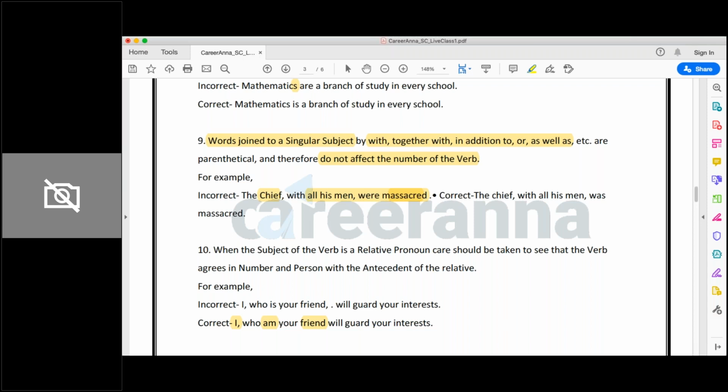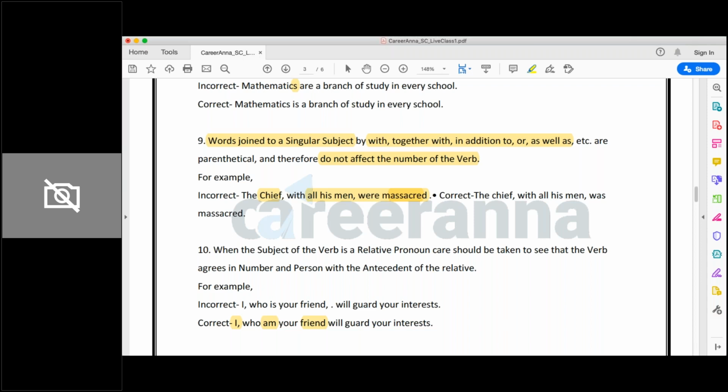I and friend. Right. Now, whenever my relative pronoun is sandwiched between two nouns, I will always go with the number and the person of the noun which is preceding my relative pronoun.